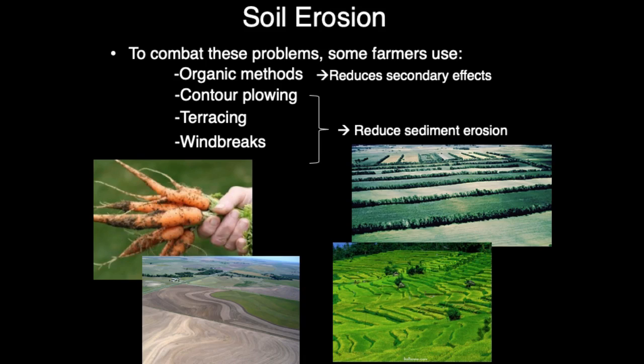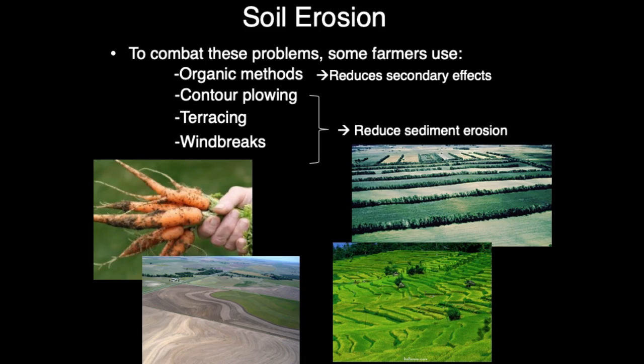Others have decided to do contour plowing, terraces or terracing, and also applying windbreaks. So all of these three methods reduce the erosion overall. So again, the first one just reduces the secondary effect from erosion, and then those three, contour plowing, terracing, and windbreaks, reduce the erosion overall.